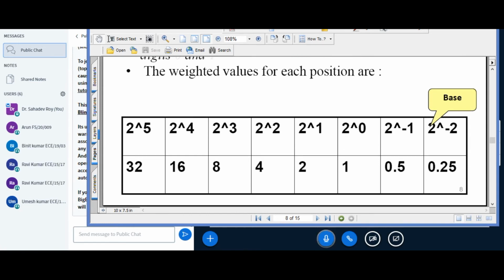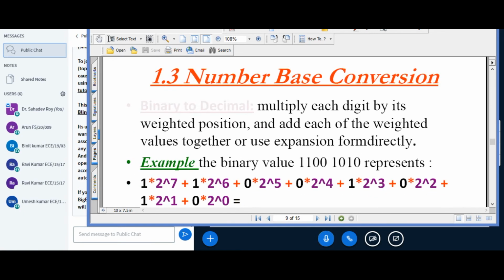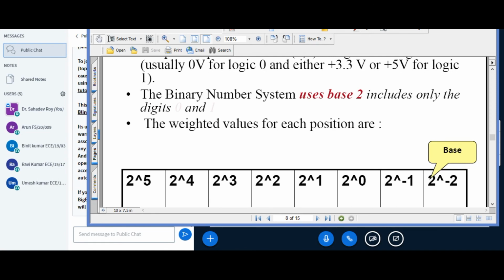So this point is the radix point. The right-hand side indicates negative powers, and the left-hand side indicates positive powers of 2. This is called the position, and this value is called the positional weight.